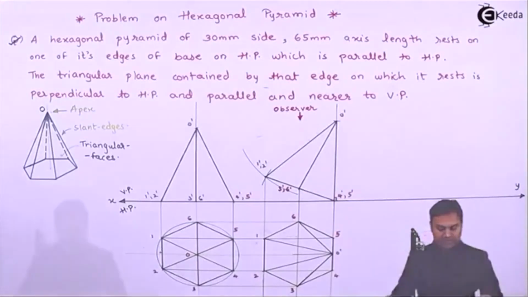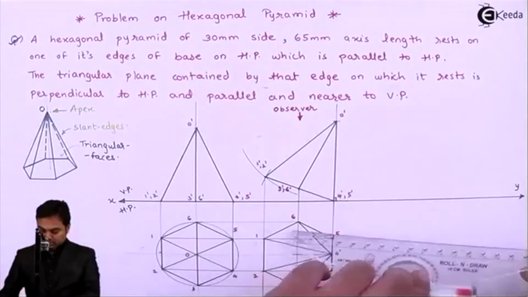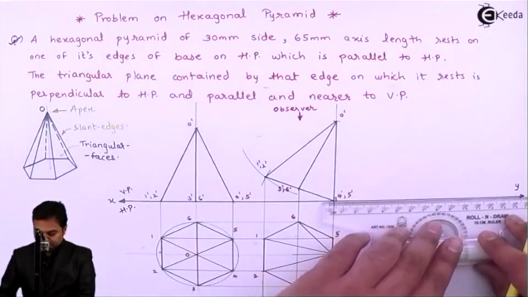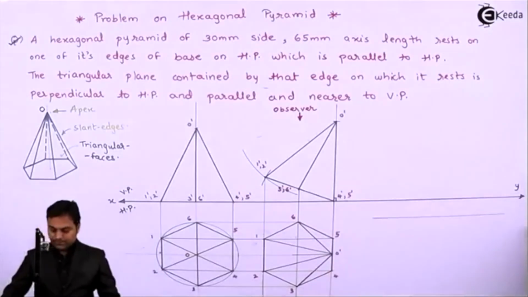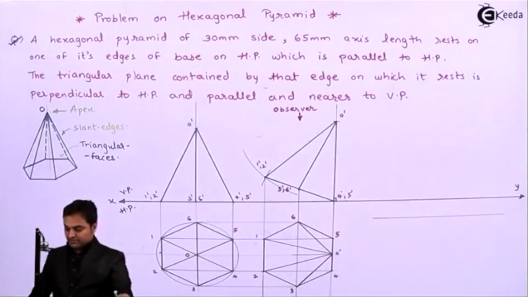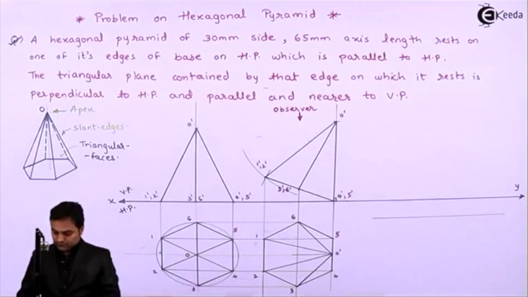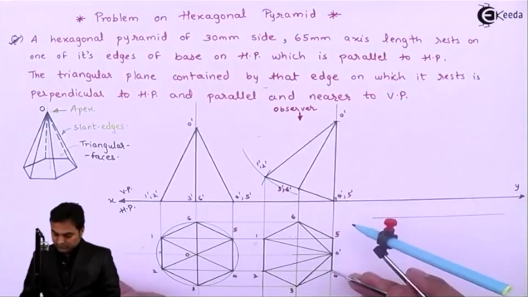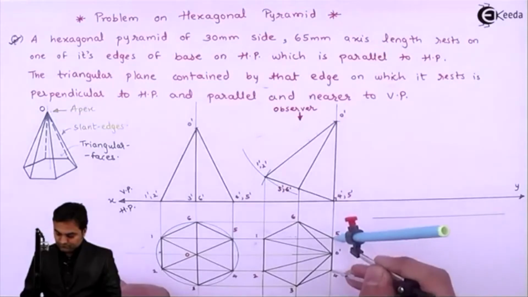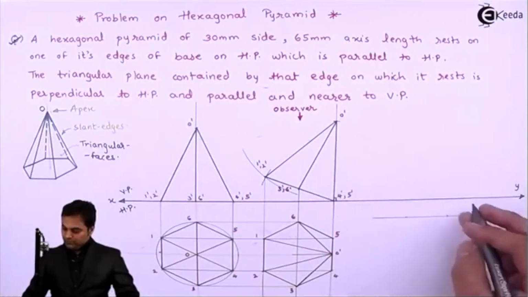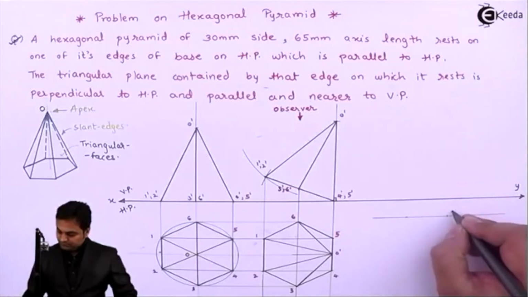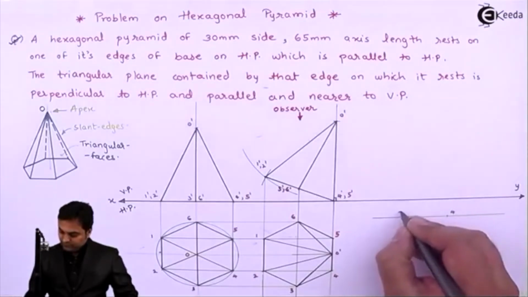So now I am making that parallel by drawing a light line first, a light horizontal line. Over that I'll mark this distance, which is 4 to 5. So here is point 4, point 5.